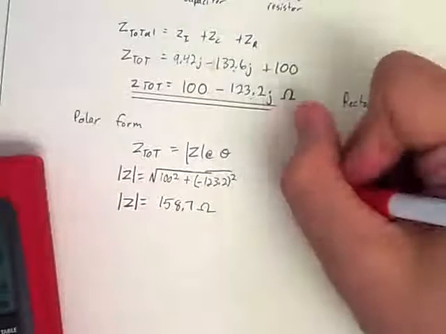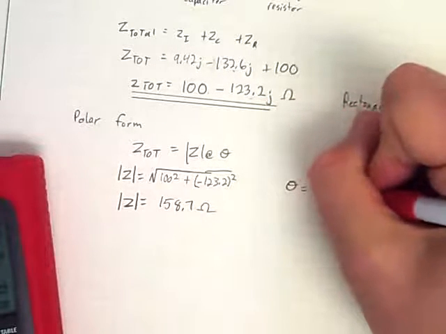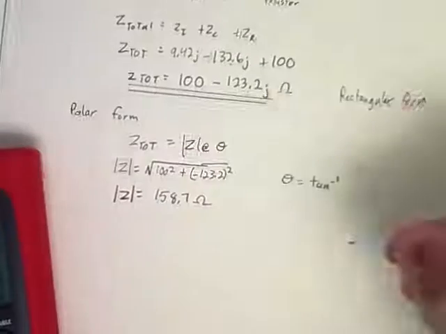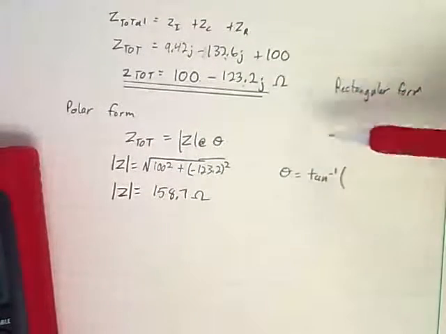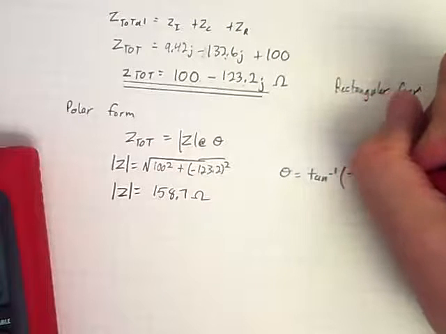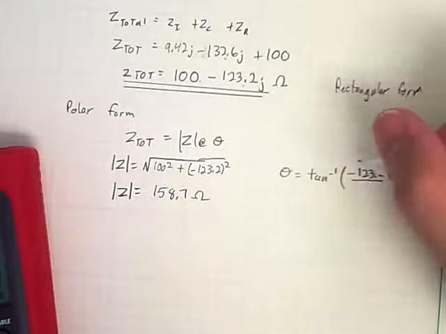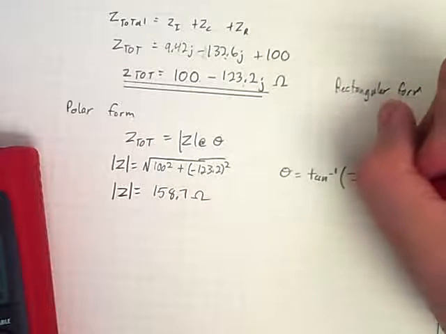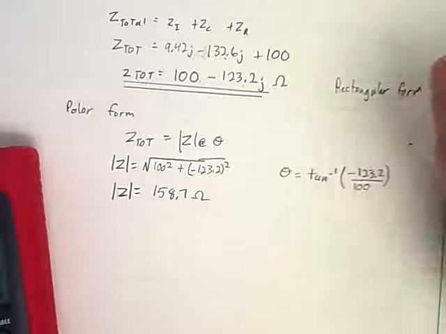The direction of it, theta, we do by using the tan inverse of, remember it was the y part, this corresponds to the imaginary part here, so it's the negative 123.2 over the real part, which corresponded to the x.